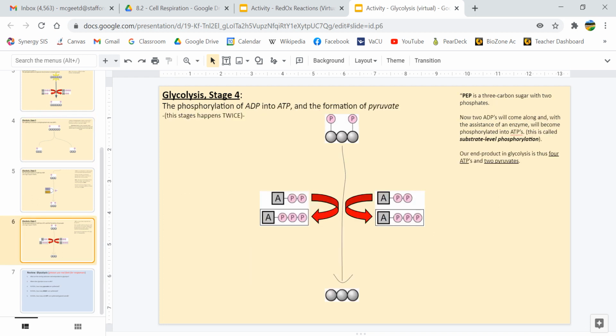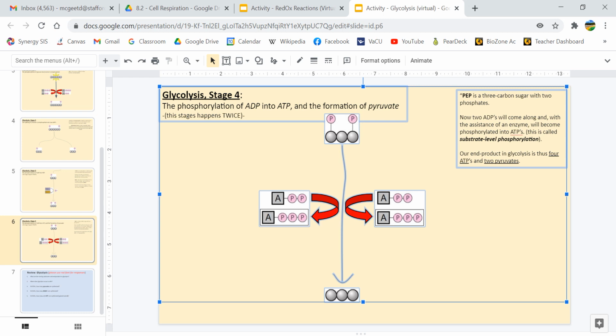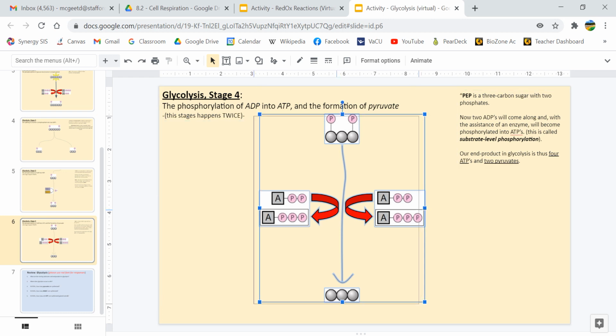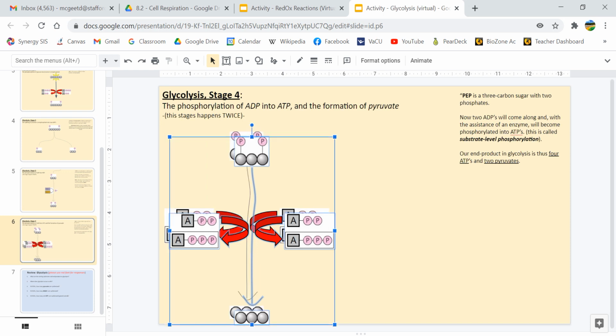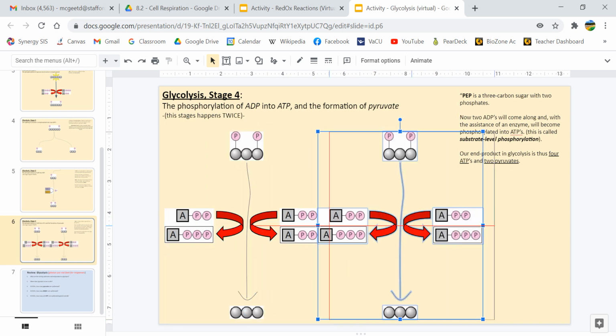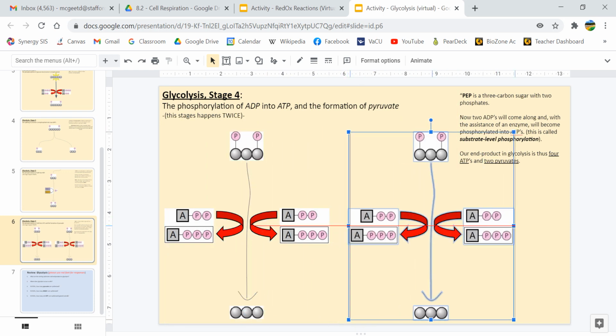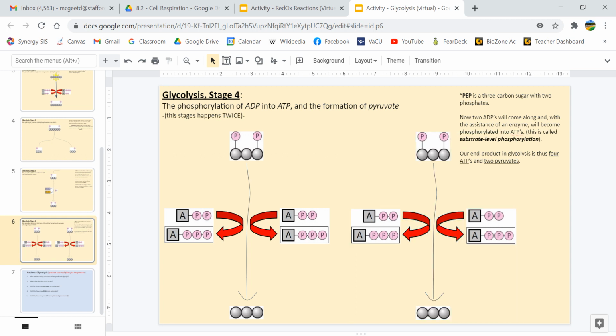So everything that happens here, if I can move this over real quick. Not sure why it's being so annoying and not letting me copy it. Everything that happens here actually happened twice. And so if I can just move this over for you to see, what we really have at the end of glycolysis is 2 pyruvates, which have low energy compared to glucose.